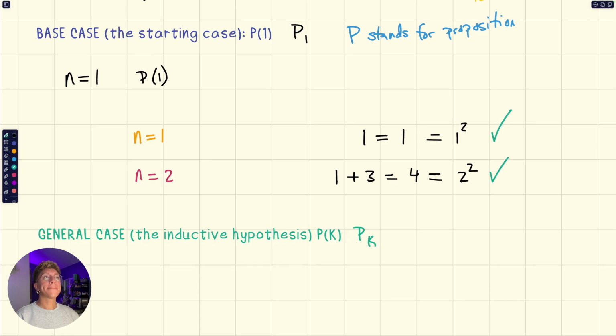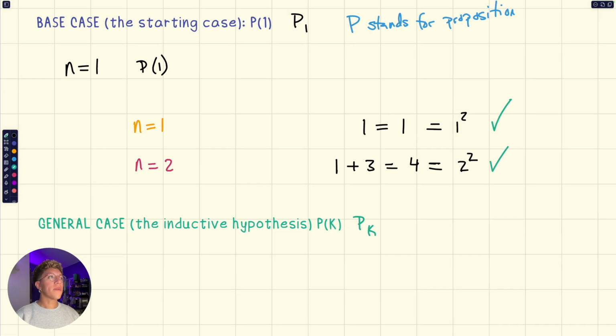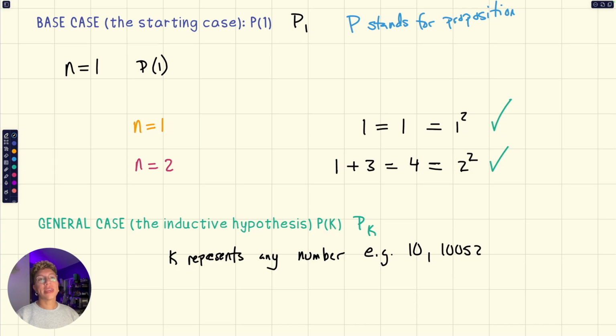So in this step, we're trying to write a statement that shows that this is true for any number k. You can think of k as representing any number. For instance, it could be 10. It could be 100,523.